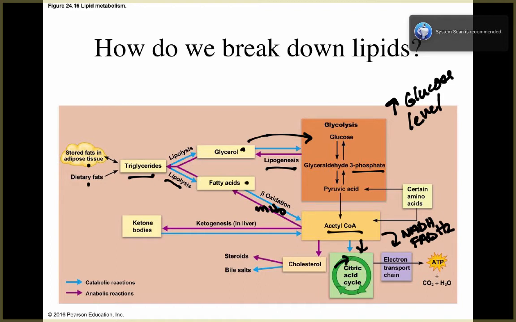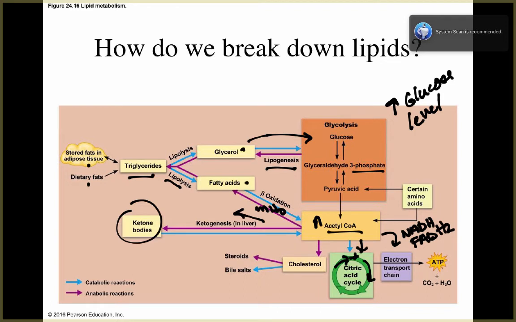If there's not enough oxaloacetate there to combine with, to continue around and make energy, then that acetyl-CoA can accumulate. And basically, as this accumulates, the liver is going to trigger ketogenesis. And that's going to make what we know as ketone bodies.